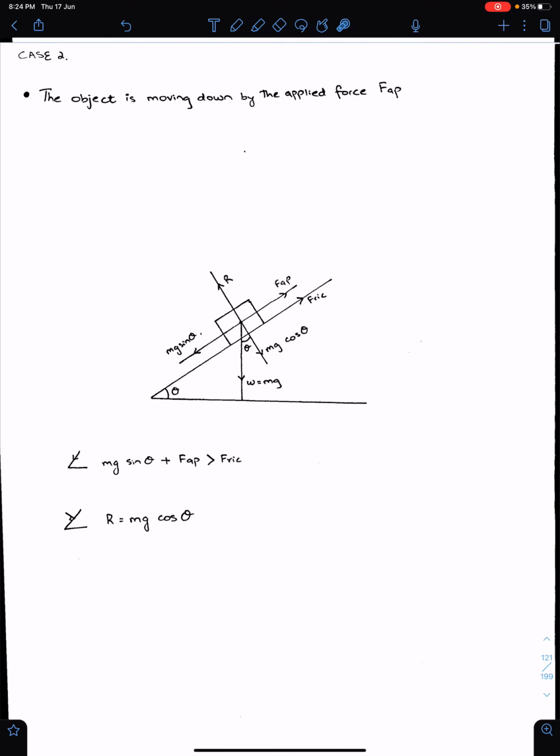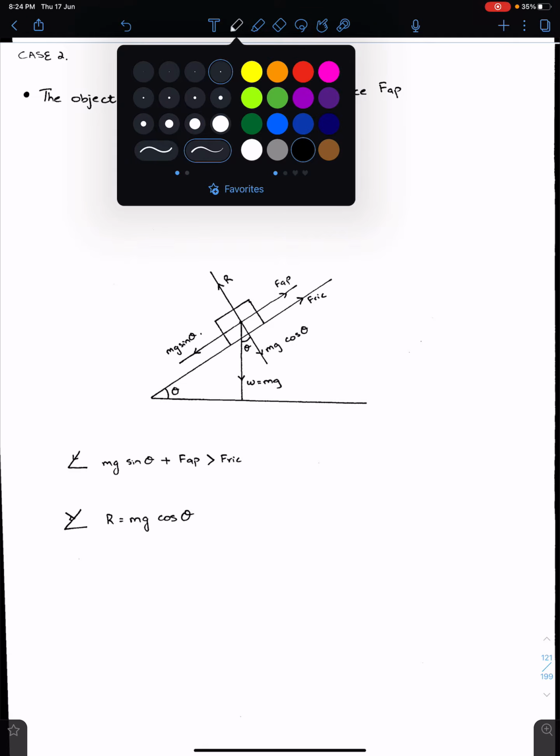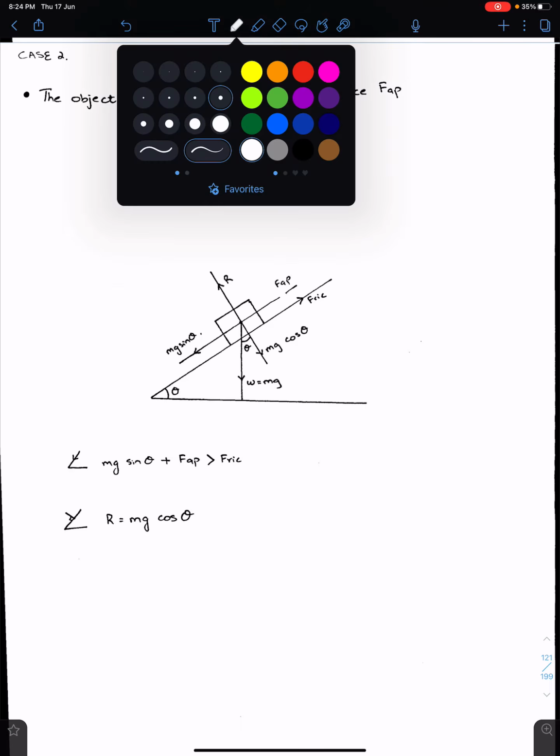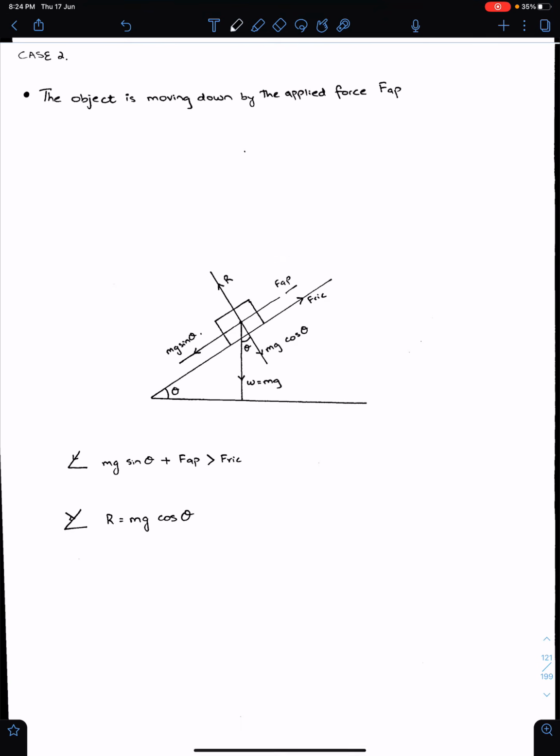Case 2. The object is moving down the slope by applied force FAP. Let me just correct the direction of this. This is the situation.